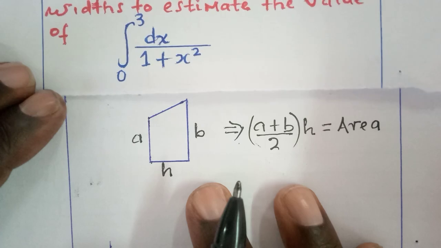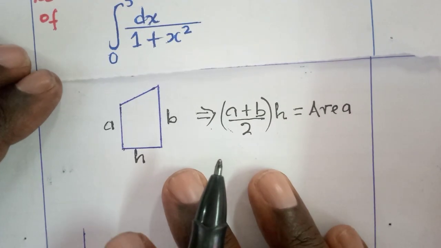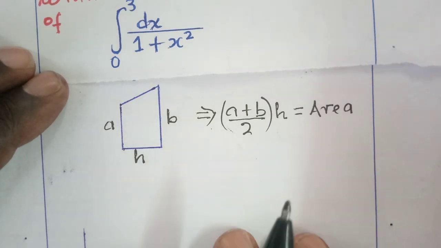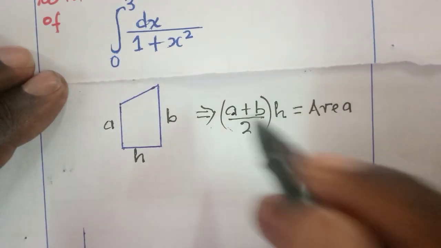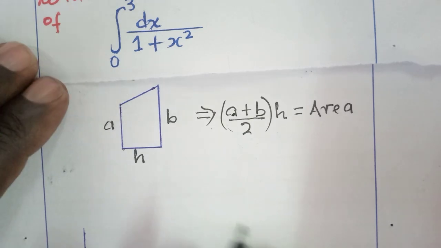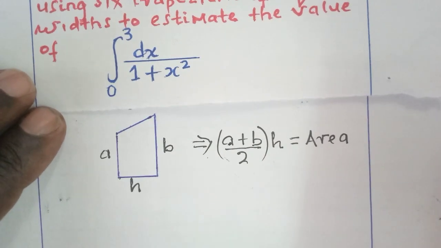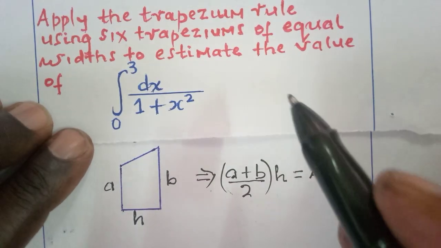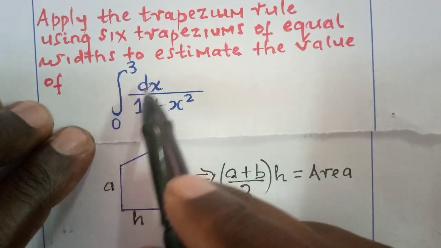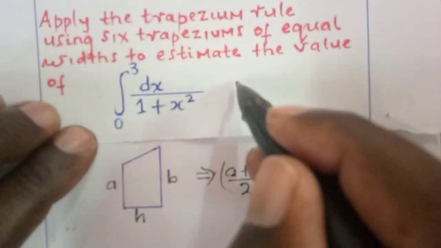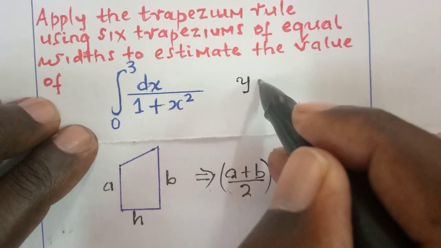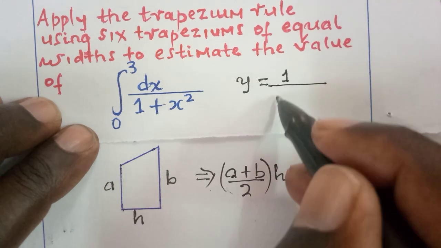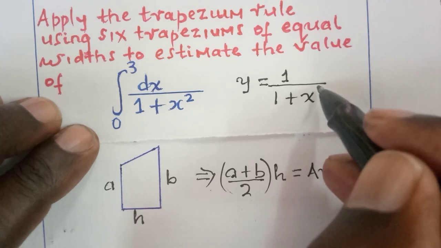So we shall remember that because the equation we shall have is almost similar to this, though there is some difference. Let's now begin our question. The first thing we are going to do is look for the coordinates. The equation given here we can also write as y is equals to 1 all over 1 plus x squared.